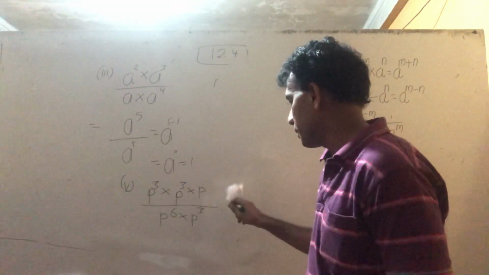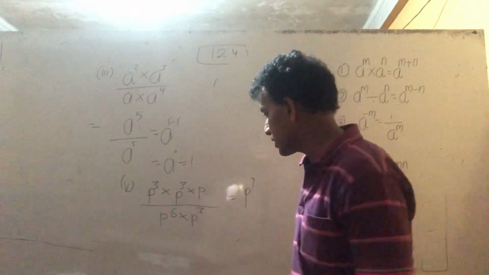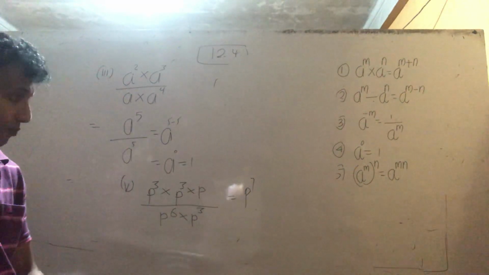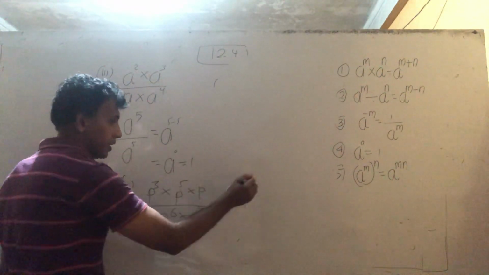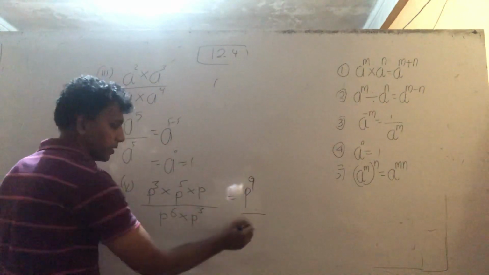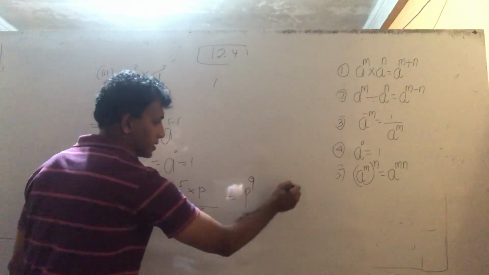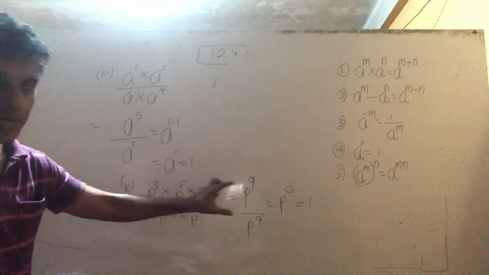Bases are the same, add the powers. 7, 3 and 3 is 6 and 1 is 7. Is it? 3 and 5, that's 5, right? So 9 below 9. So fill the power, 9 minus 9, 0, the answer is 1. So here use the rule and get it.